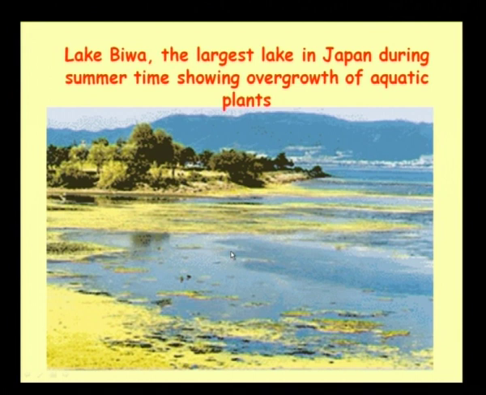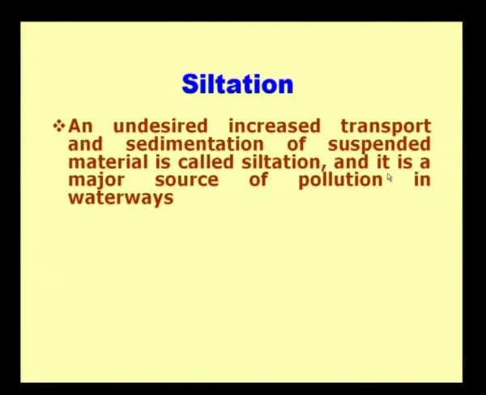And see Lake Biwa, the largest lake in Japan, and during summer time it is showing the overgrowth of aquatic plants, and therefore, you look at the diagram, see the water ecosystem, it is totally contaminated. A large amount of algae is on the surface of the water, and it is because of the eutrophication.